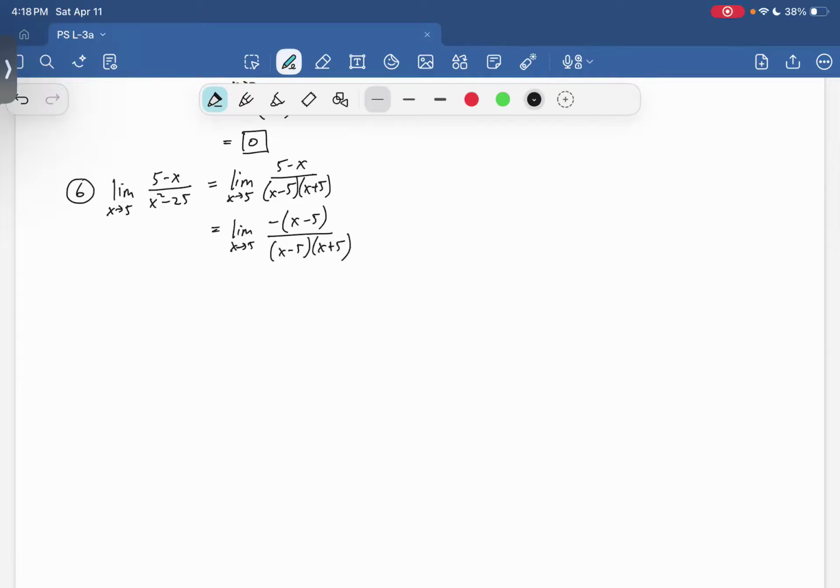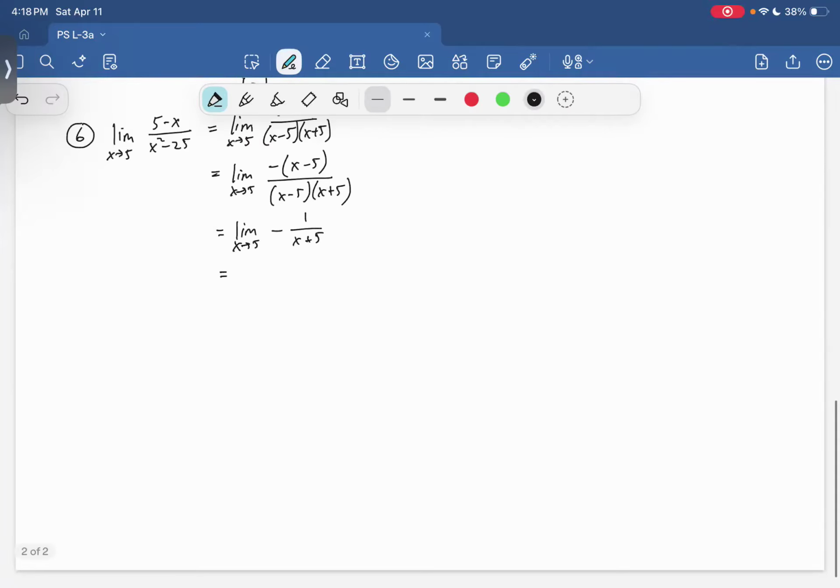So the x minus 5 cancels. I'm left with negative 1 over 10 when I plug in x equals 5 as my final step.